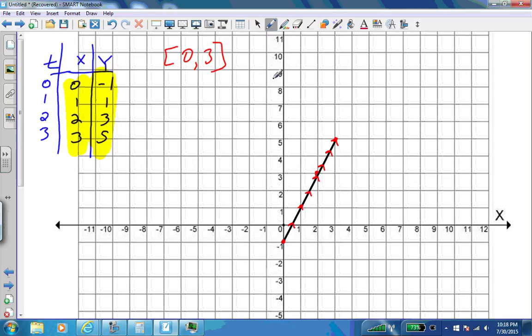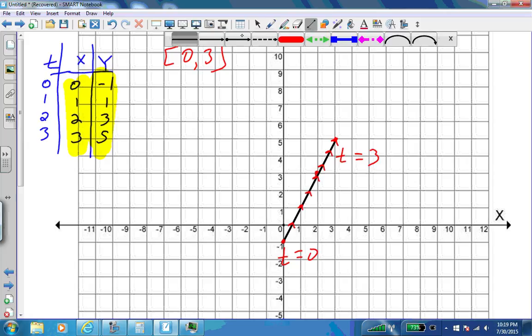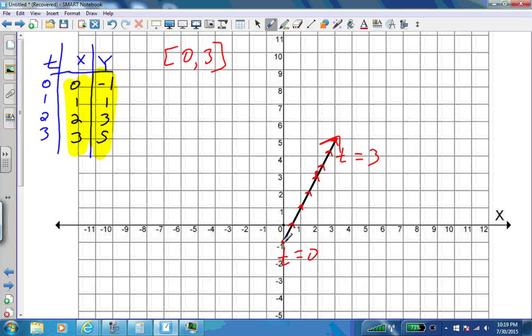It goes through the duration from t equals 0 to t equals 3. It doesn't go on forever in both directions like a regular line would. It has a starting point and an ending point, and that's connected to the parameter.